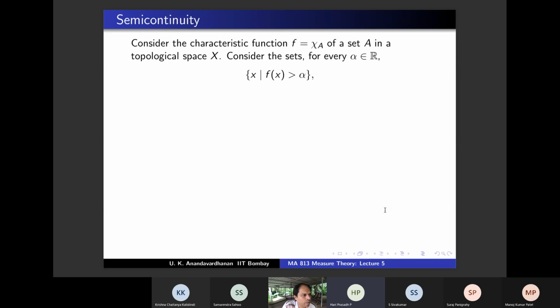If alpha is 1.5, what is this set? Empty set. If alpha is 0.5, what is this set? A. And if alpha is -1, what is this set? The full set. So the choices are that this set can be either the full set, or A, or the empty set, right? Those are the only possibilities, no? Yes, sir. Okay. And what if you consider this collection as alpha varies? What are the possibilities?